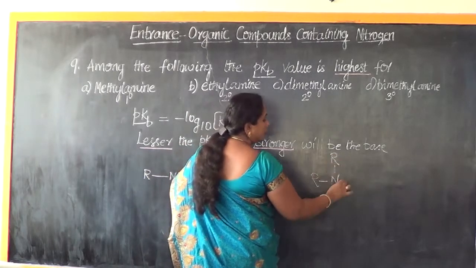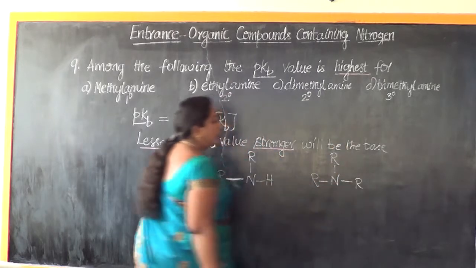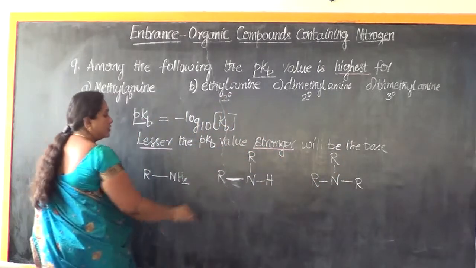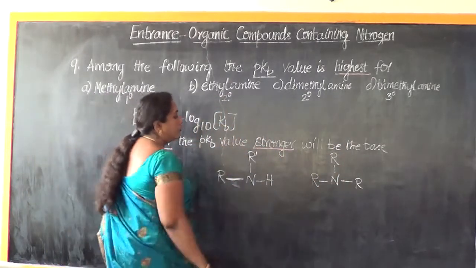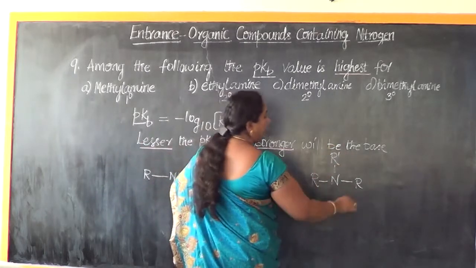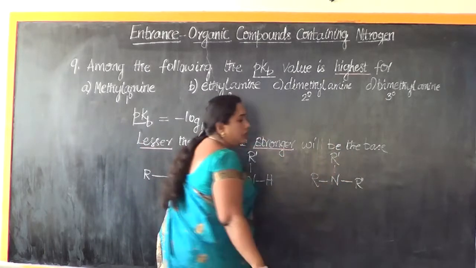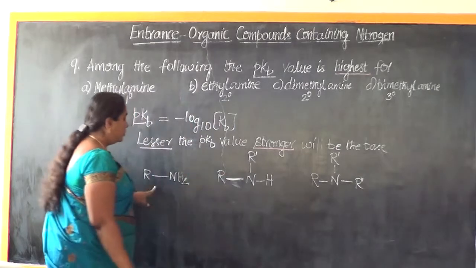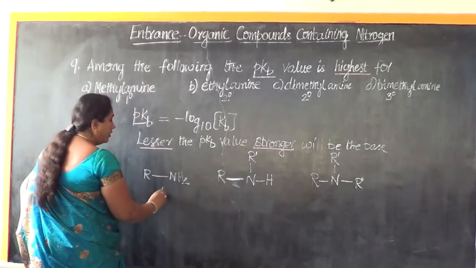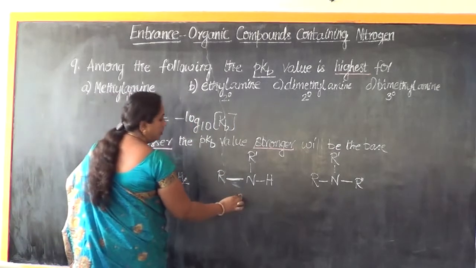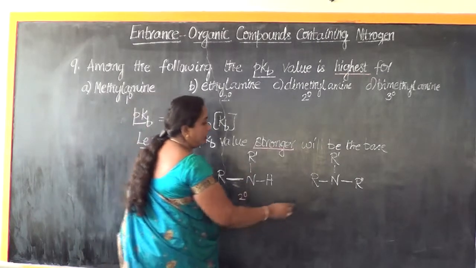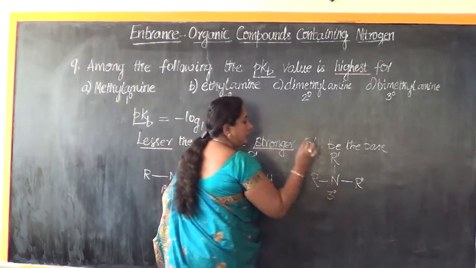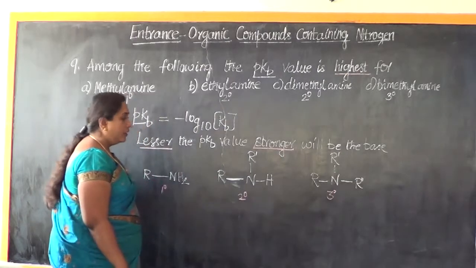Nitrogen is linked with 3 R's. Only to differentiate between the R's, let me put a dash for the second R, and two dashes for the third R. So here is our primary amine, here is our secondary amine, here is our tertiary amine.